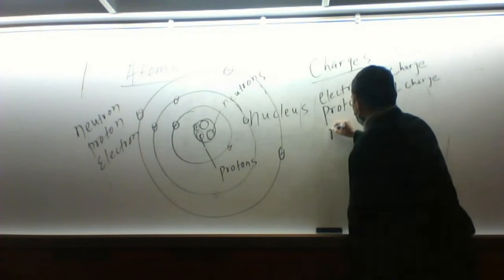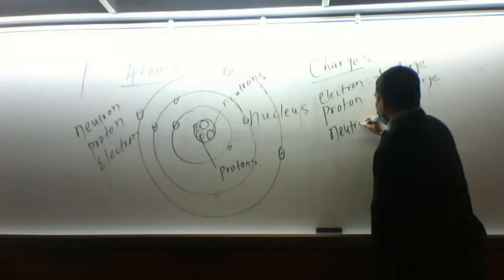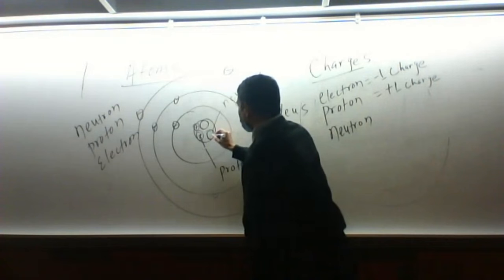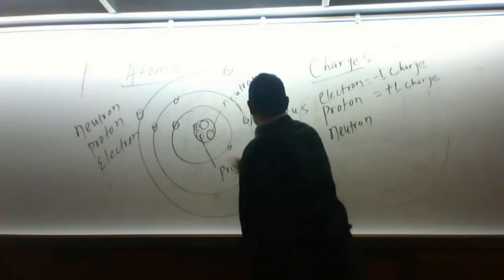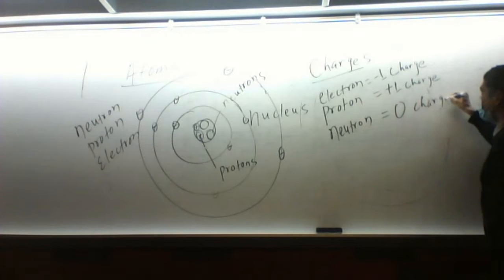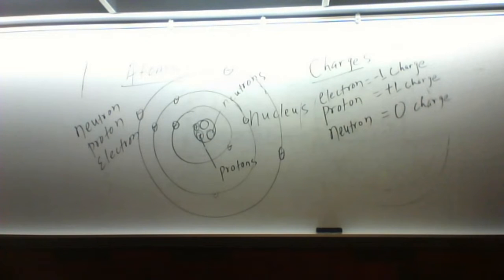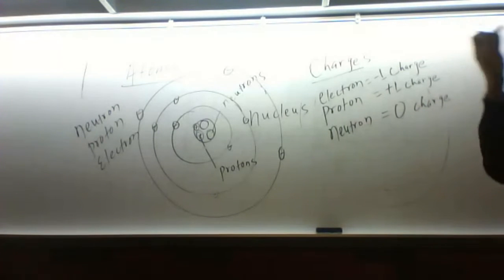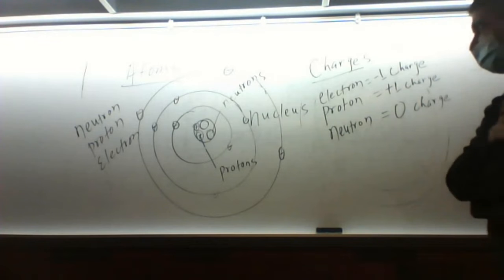And then the neutron is right here. There is no charge, neither plus nor minus. The neutron has 0 charge, no charge. So the electron has -1 charge, the proton has +1 charge, and the neutron has 0 charge. Yeah. So the atom looks like this.